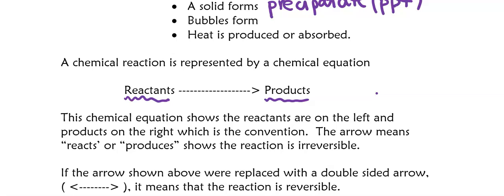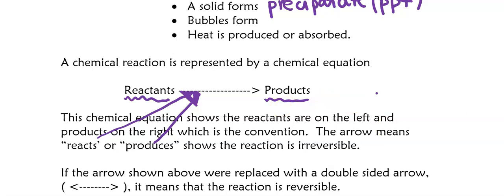This chemical equation shows that the reactants are on the left and the products on the right, which is the conventional way of writing a chemical reaction. The arrows mean reacts or produces. This arrow means makes, to react, to produce, all of that means the same.